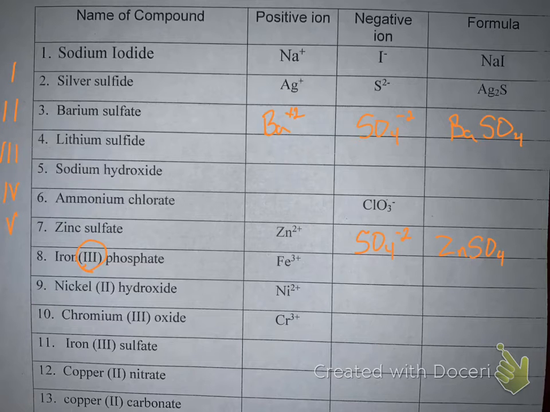So I put my Fe with the +3 charge. Phosphate is PO4, and it's a phosphate and 4 oxygens, but they work together, they act together, they bond together, and they are a -3 charge. +3, -3, cancel each other out, no crossing over. So I've got FePO4.